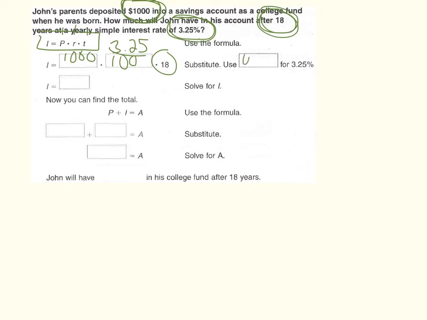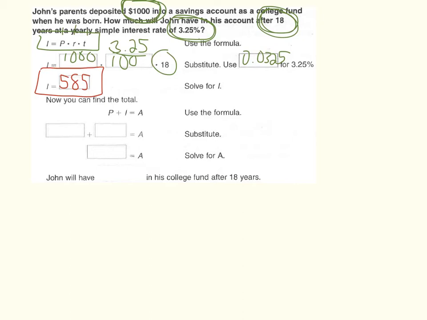We can use 0.0325 because it's 3.25%. When we plug that into a calculator, the 1,000 times 0.0325 times 18, we get 585. So that tells us how much interest is earned.